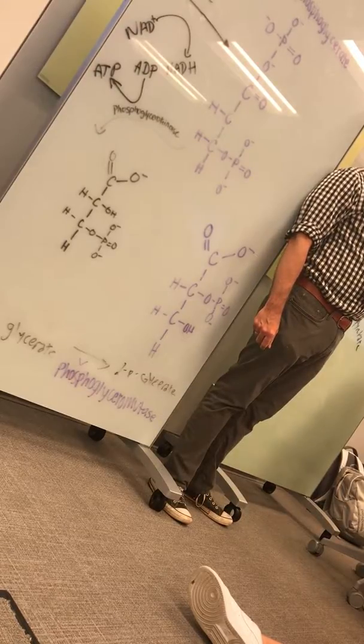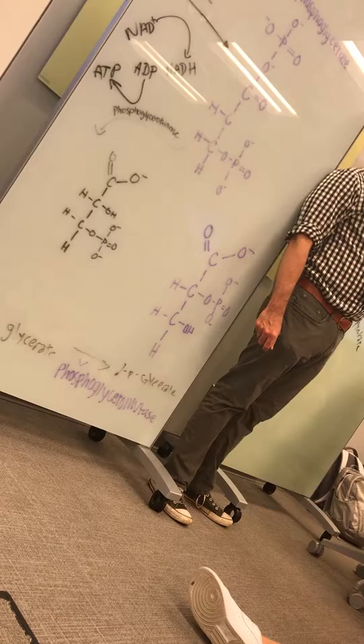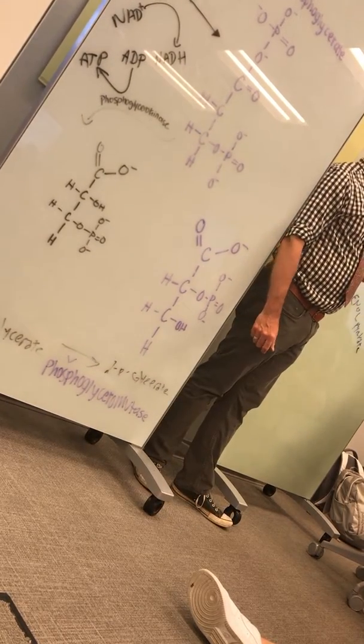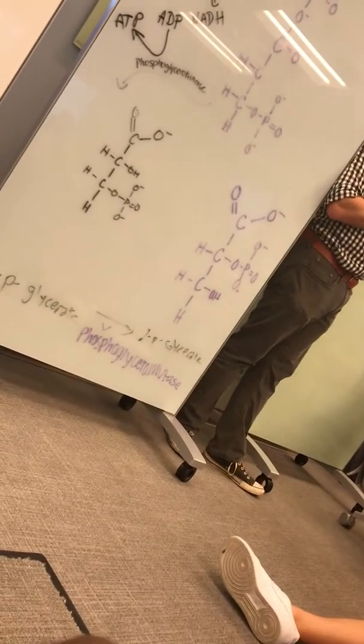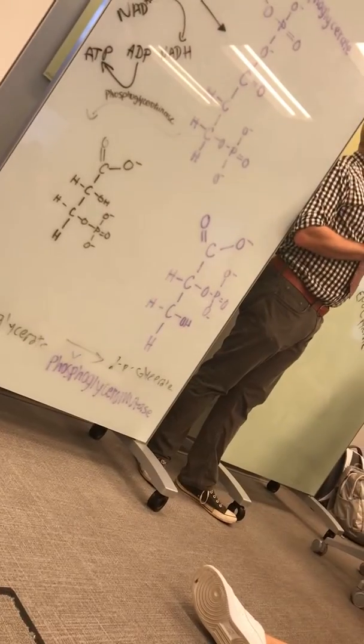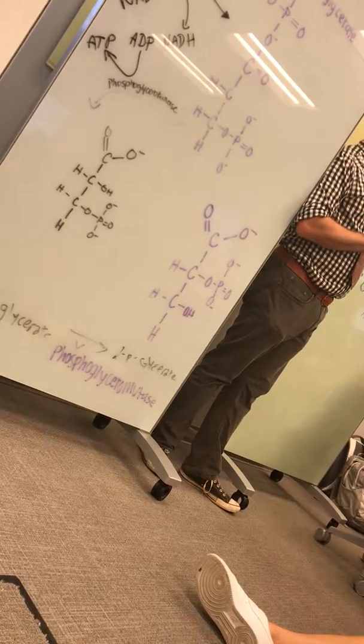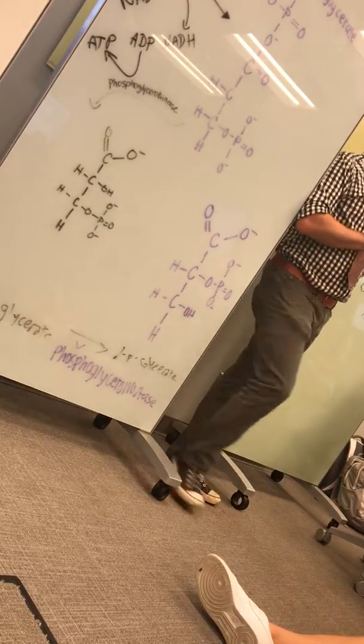Where do the other 2/3 come from? Citric acid cycle. Okay. So we release carbon dioxide. We get it into the mitochondrion, it being what's left of pyruvate.